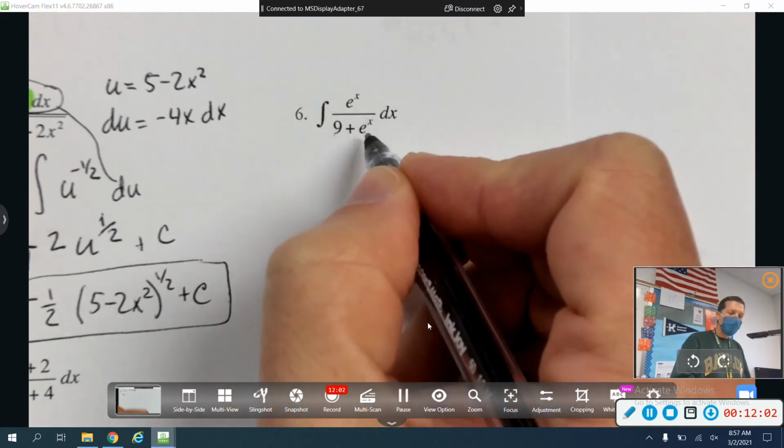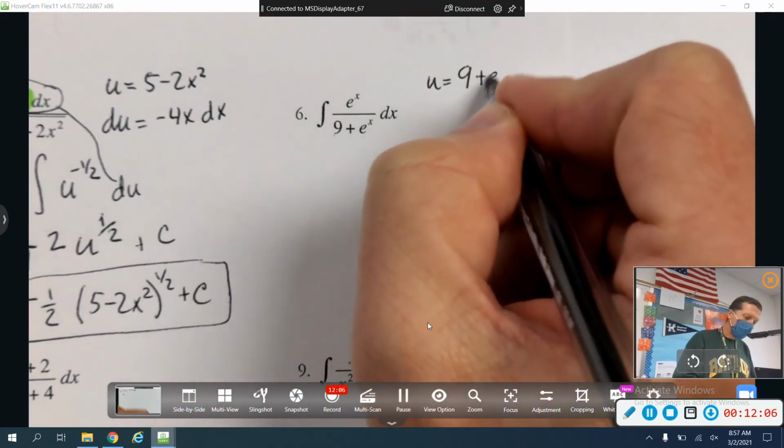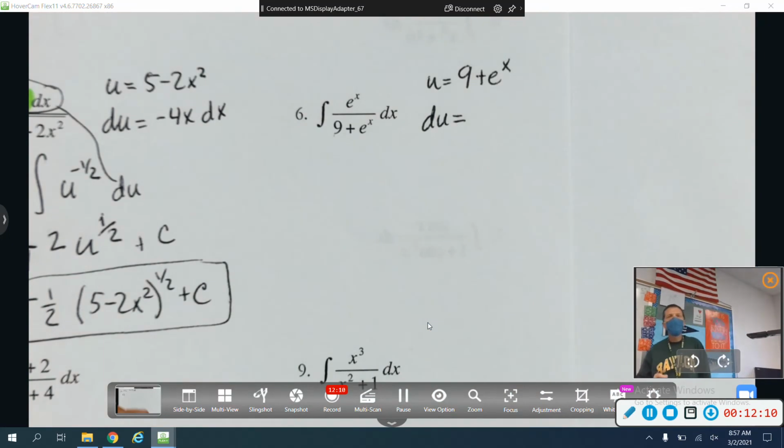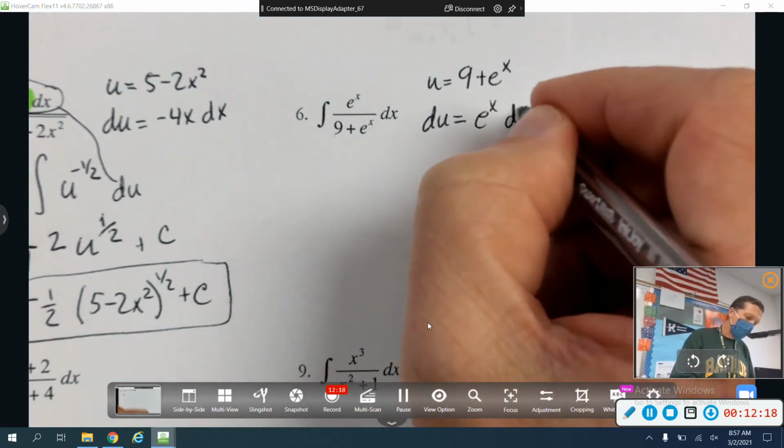So if we u sub the denominator, though, then du is e to the x. Oh, that's good news, because that is what we have in the top.